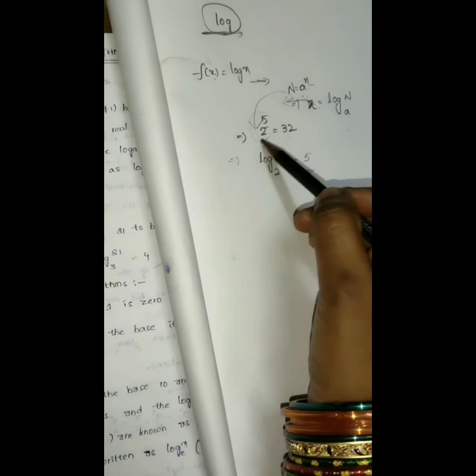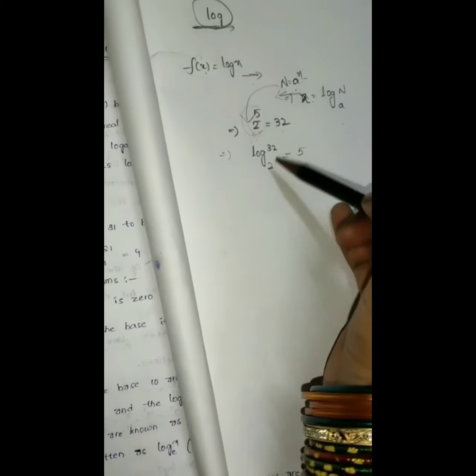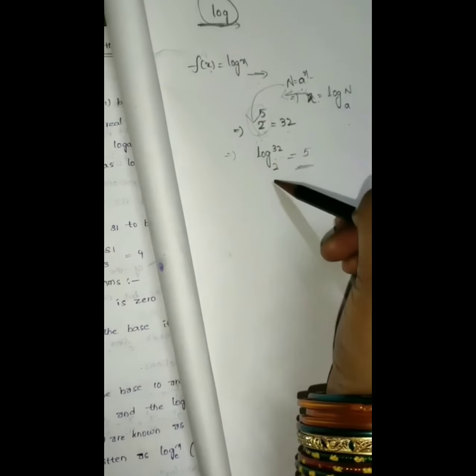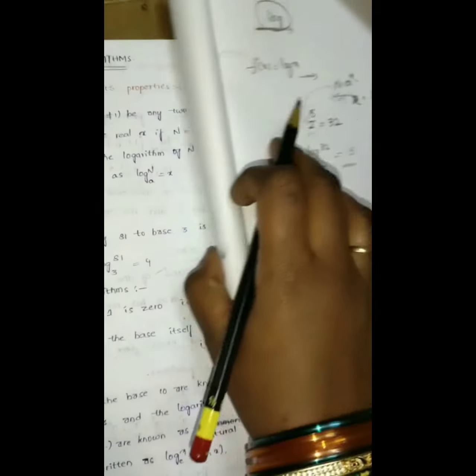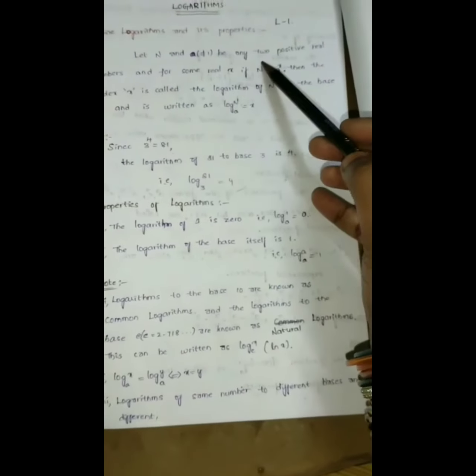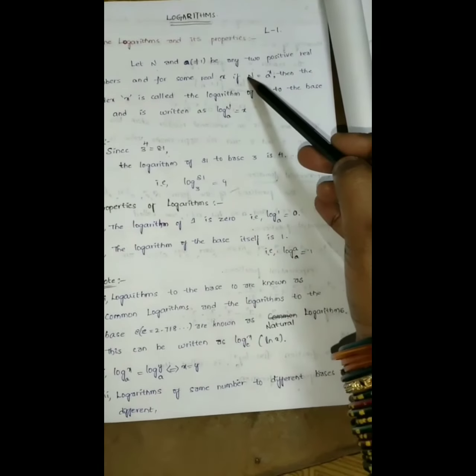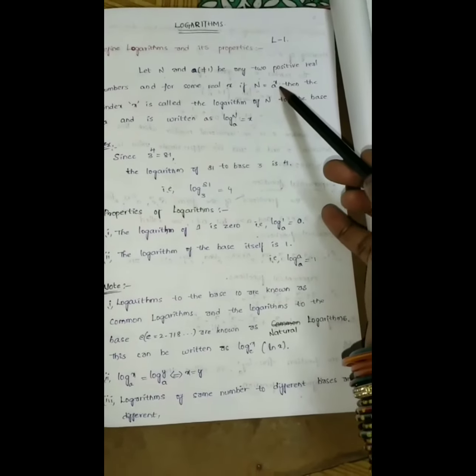So from the exponential function 2 power 5 is equals to 32, we can write log 32 to the base 2 is equals to 5. So this is the definition of the logarithmic function. That means consider the function N is equals to a power x. We can write in terms of log, that is log N to the base a is equals to x.